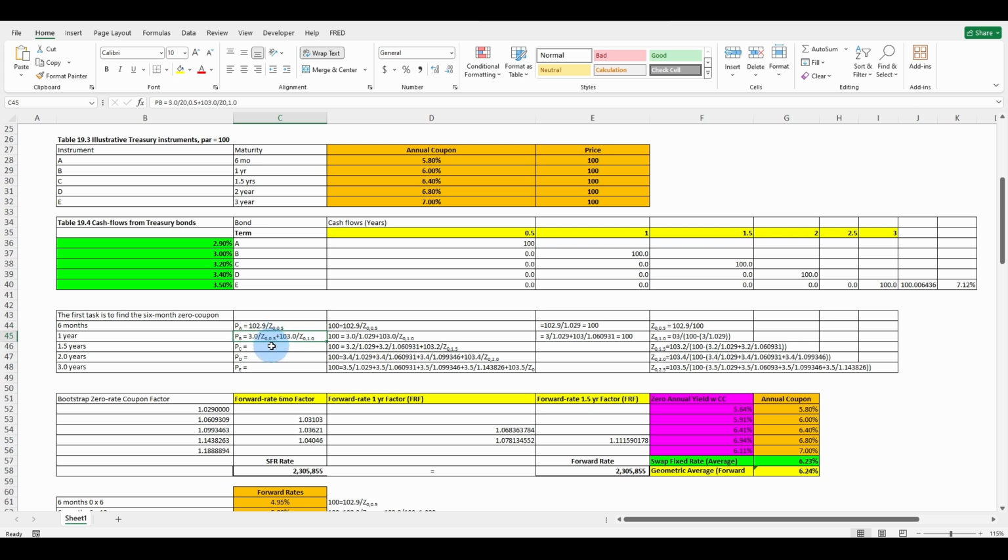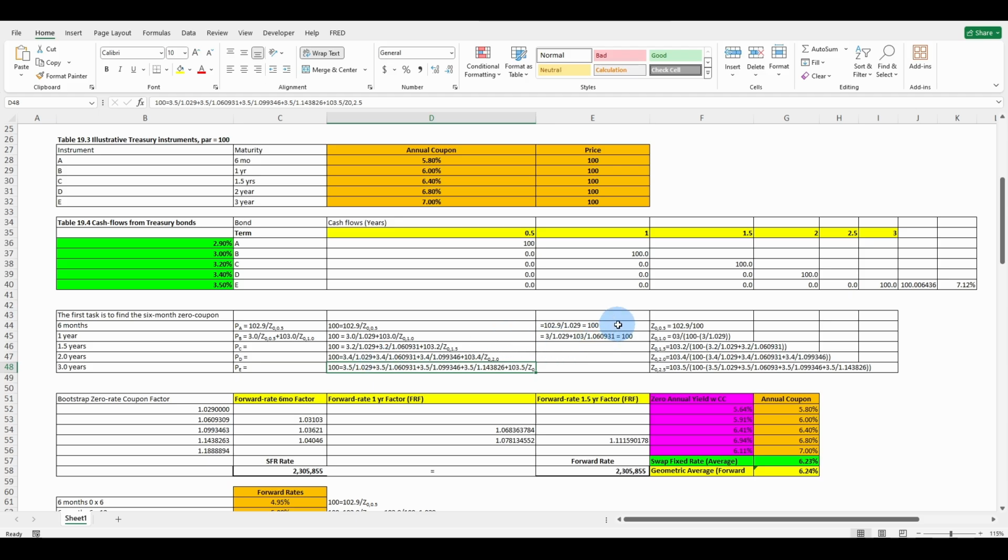Year and a half, we're going to go 3.2 divided by 1.029 plus 3.2 divided by 1.06931 plus 103.2 divided by Z0 1.5 and so on and so forth. And I'll explain to you where the 1.0639 comes from in a second.